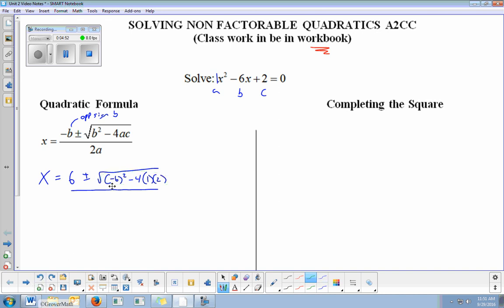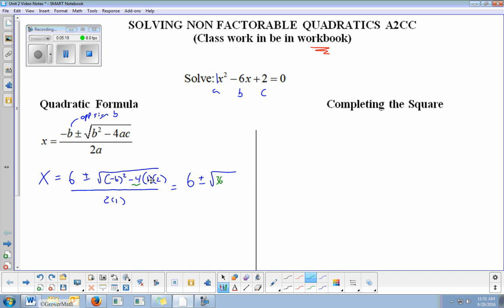So we do want to simplify that whole thing, but all of this is over 2 times A, and that's going to be simply 2 times 1, which in this case, it's just going to be 2. So we'll simplify a few things here. 6 plus or minus, and then the discriminant up here, this comes out to be, let's see, negative 6 squared is 36. And then now this minus 4, you kind of have to realize that that is negative 4 times 1 times 2.